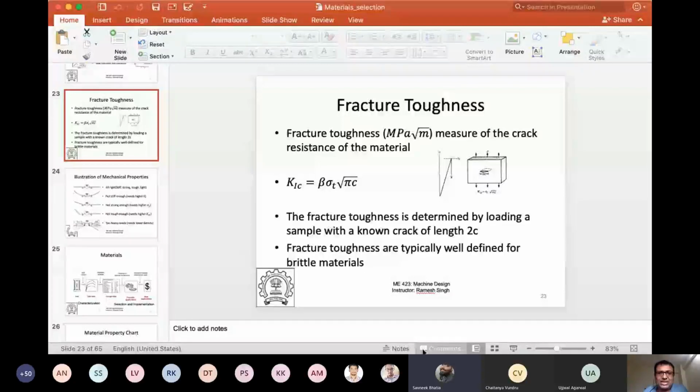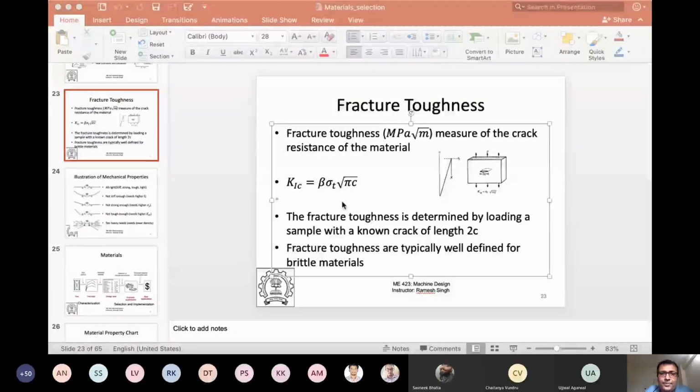I just had a question, sir. Here, what exactly is beta? What value can it take, and what does it depend on in the geometry? So beta depends upon the location of the crack. This crack can be in the center, or it can be towards the edge. If the crack is towards the edge, it is more critical, so you have a correction factor here in terms of beta. Imagine my crack is not in the center, it's towards the edge.